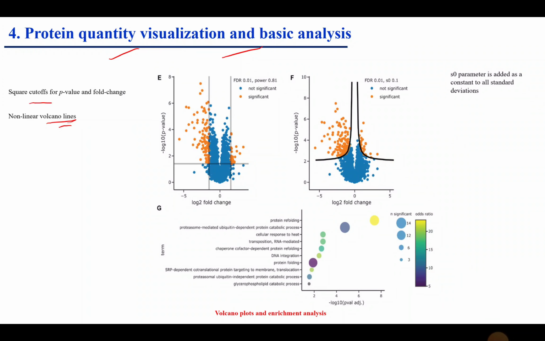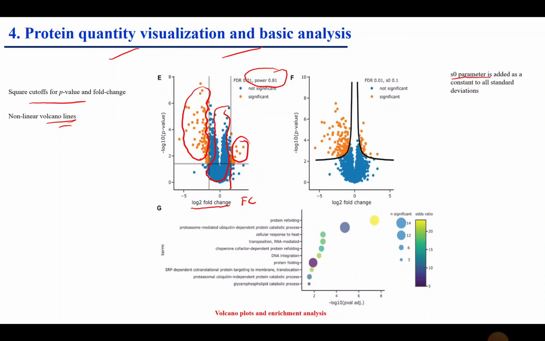Here we have two types of statistics. The first one is the power statistics and the second one is the S0 parameter. What we usually do is apply different fold changes. Here you can see these are the significant ones, and here in blue these are the non-significant ones.